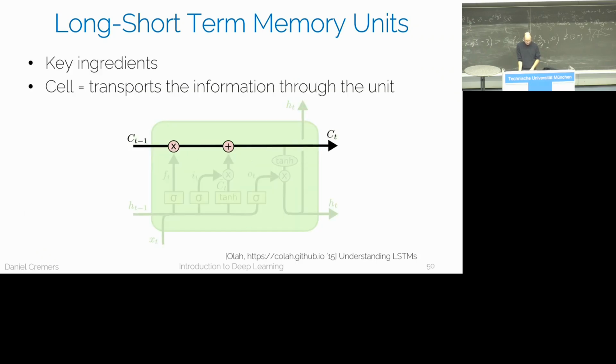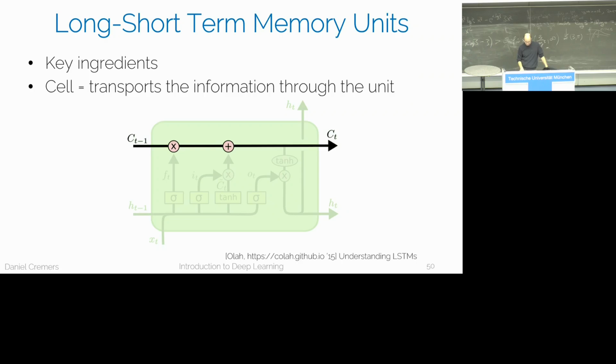And so the key ingredients are that you have a cell that corresponds to basically the state of the system at a certain time. And then there's information coming in from the left and going out to the right, C_{t-1} and C_t. And then we have these gates. And these little crosses, they are gates.